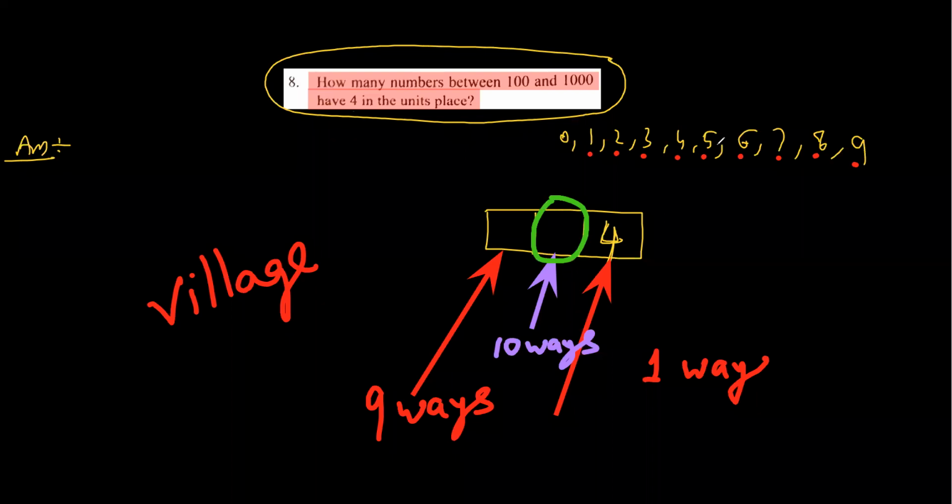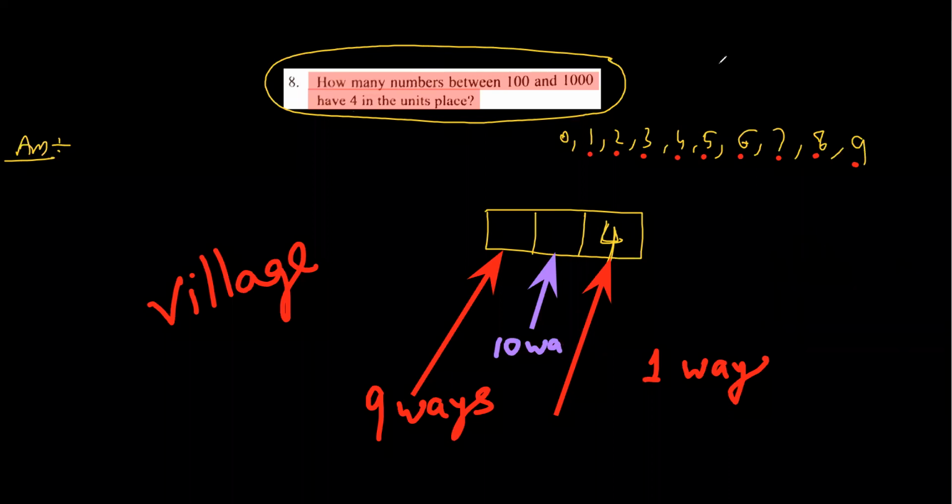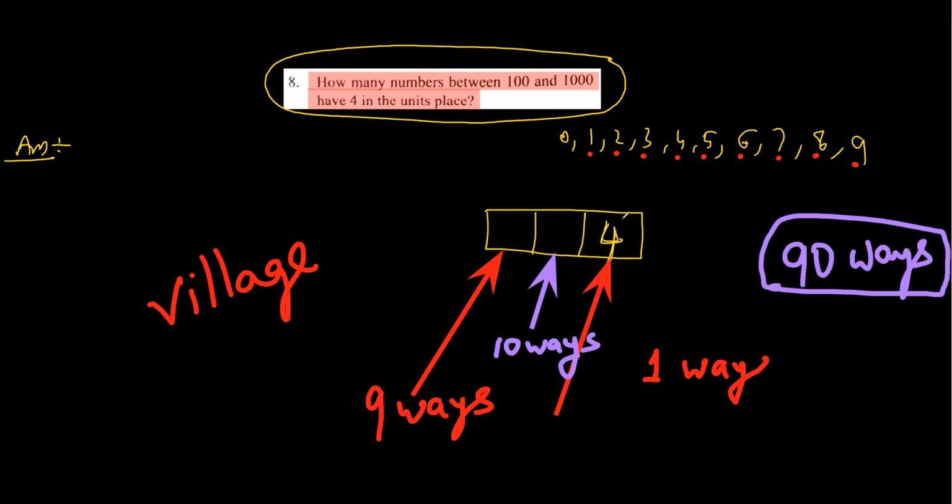I said "and" three times because when it is "and", the ways are multiplied. So the total number of ways is 9 into 10 into 1, that is 90. It means the required numbers are 90. So there are 90 numbers between 100 and 1000 which have 4 in the units place. I hope it's clear to you all.